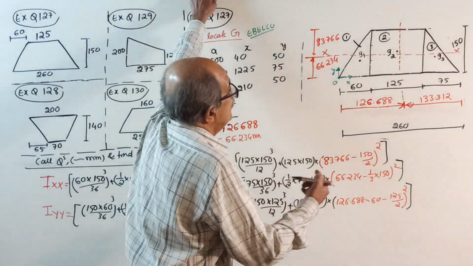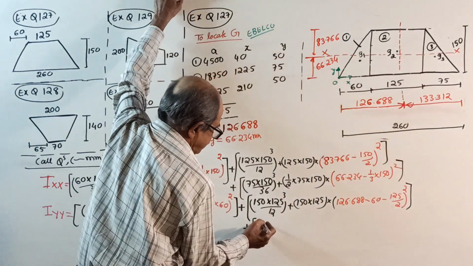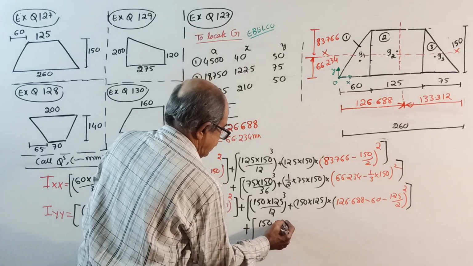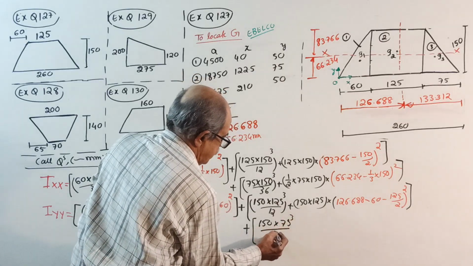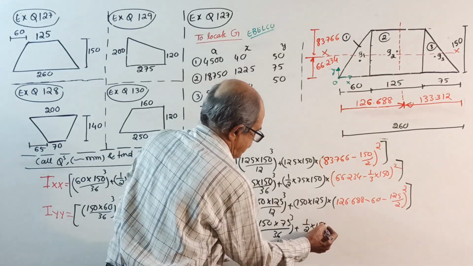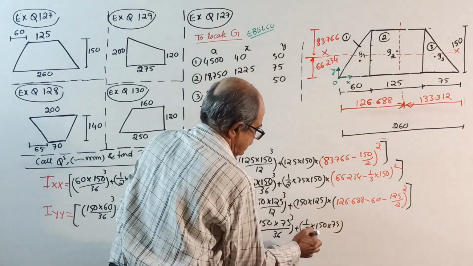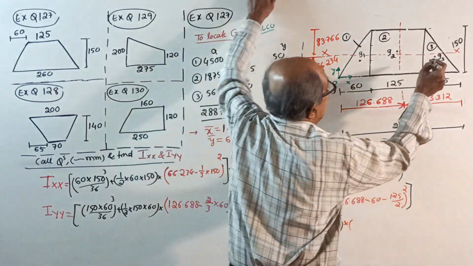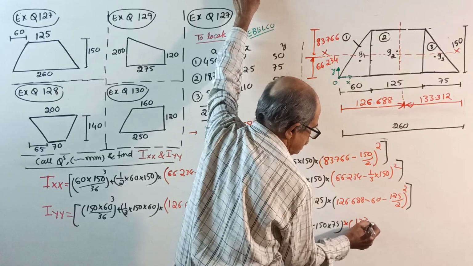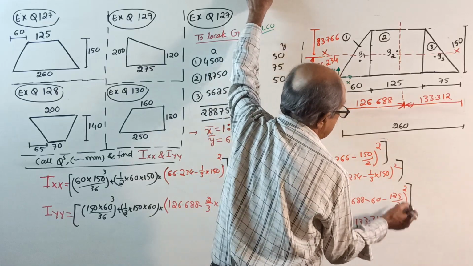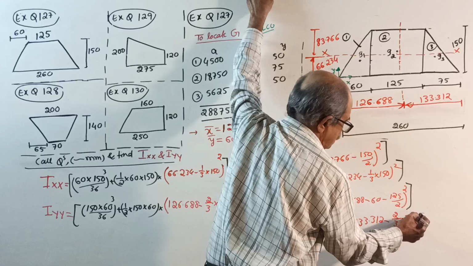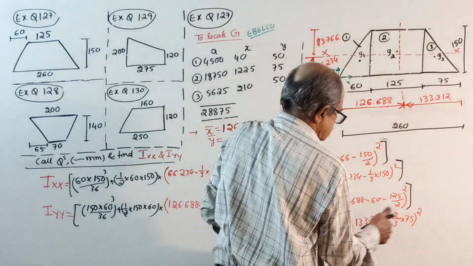Yes, okay. Last one. 150 into 75 cube by 36 Ig plus area half into 150 into 75 is the area into this distance square is 133.312 minus 2/3 of 75 whole square, over.